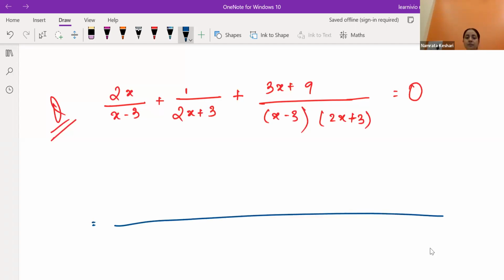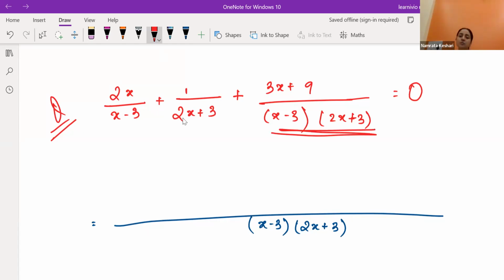Is it x minus 3 to x plus 3? Is it so? Yes, it is, because we're doing LCM, because the last term is having only that. If we talk about common factors, x minus 3 to x plus 3 is there. The first term is also having x minus 3. The next term is also having 2x plus 3. So this is the LCM, right?